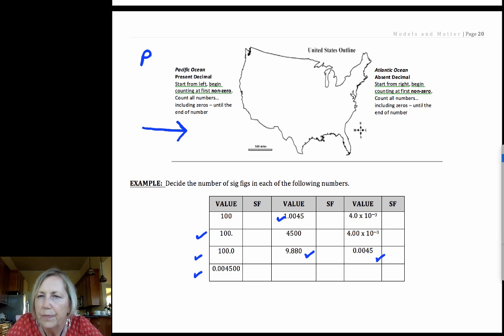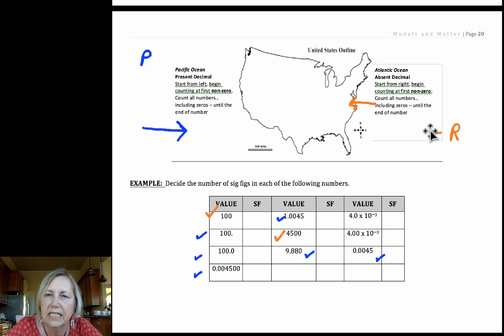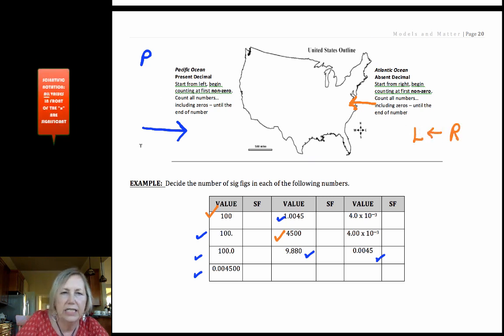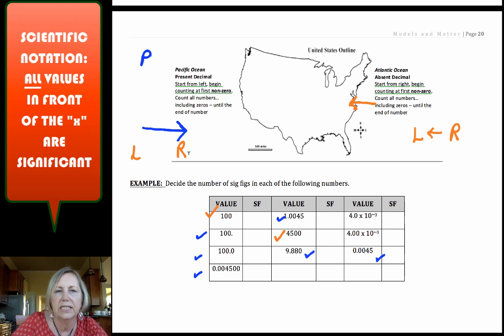If there is not a decimal point present, as in this number and this number, we're going to do the Atlantic, or absent decimal, and start on the right, counting right to left. Here we're going to count left to right.